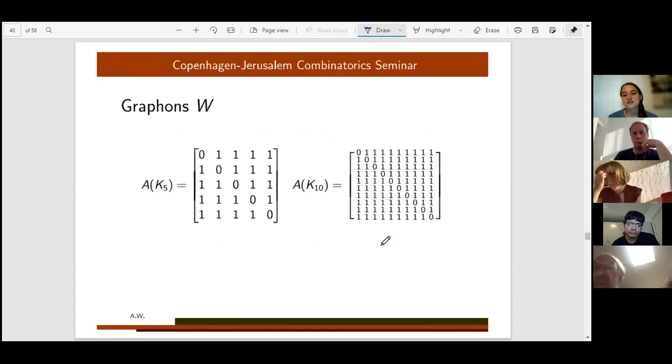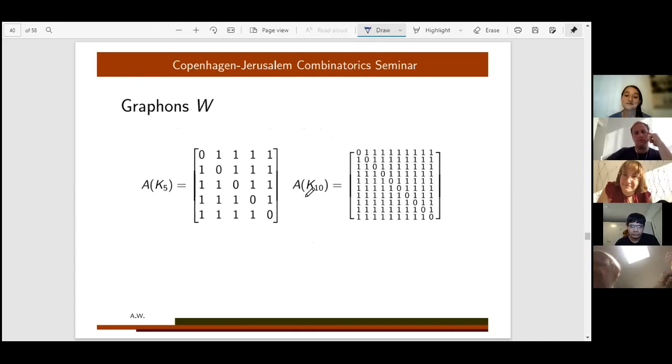So let me start with an example of the complete graph and its adjacency matrix. So basically the columns and rows are labeled as the labels of the vertices, and we see a 1 if the vertices are connected. So here we see zeros on the diagonal because the vertex would not be connected to itself.